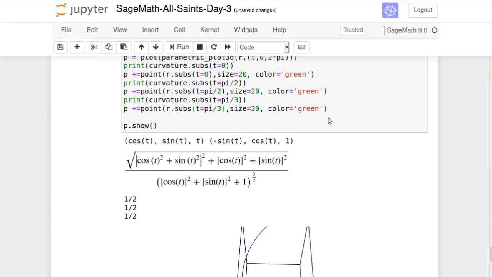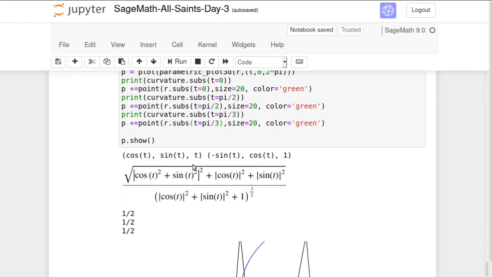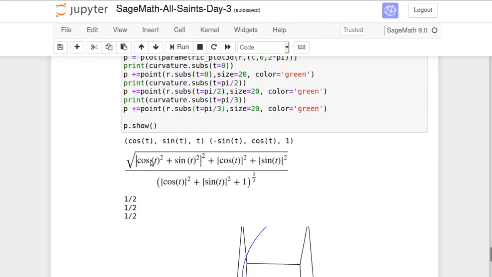See, the only thing that you have to observe here is that, of course, from the formula you can guess that this is going to be equal to 1 by 2 always, because here you are getting cos t square plus sin t square, and cos t square. Okay, so from this formula, we can see that cos t square plus sin t square is always going to be equal to 1.